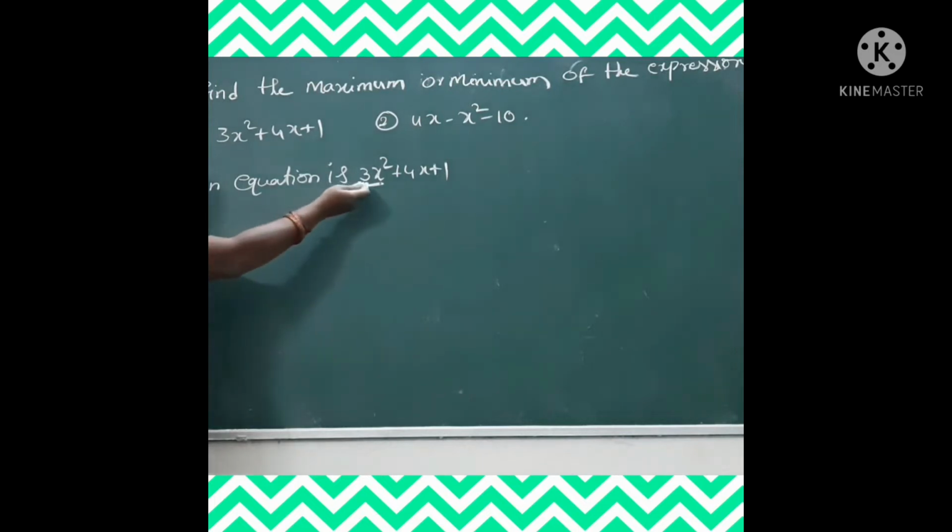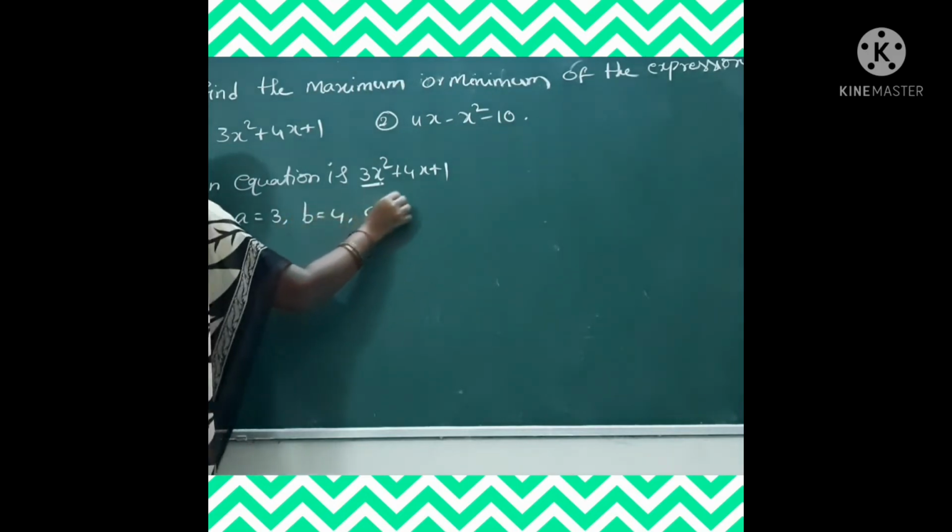What is the x square coefficient in this equation? 3. 3 is a greater than 0. Okay, a greater than 0 means we can already learn the first condition, the absolute minimum is at x is equal to minus b by 2a, and the value is 4ac minus b square by 4a. See here, a is equal to 3 and b is equal to 4 and c is equal to 1.